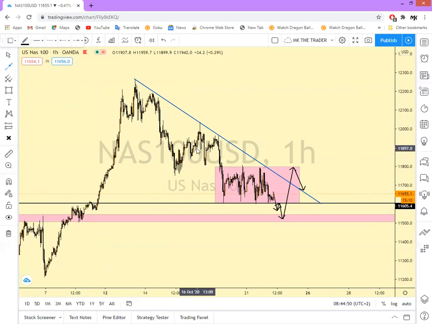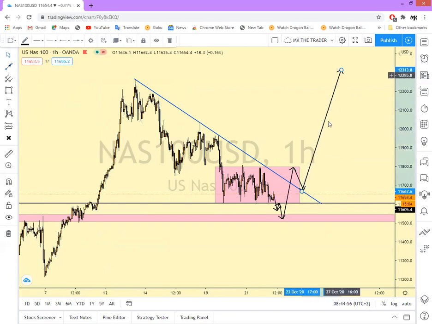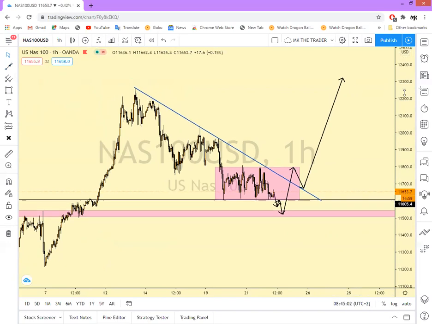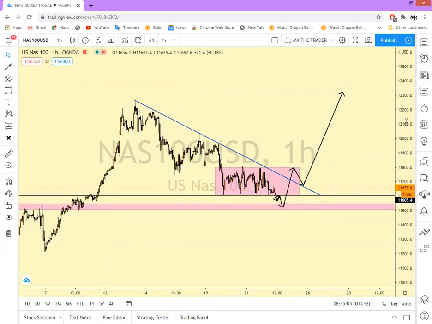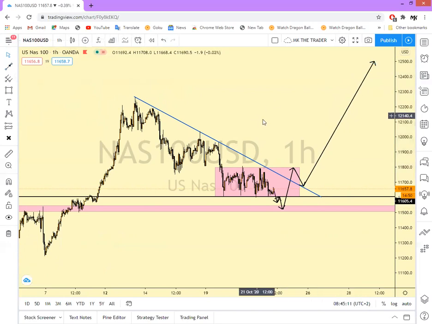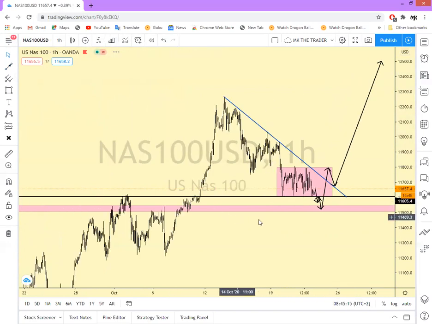And maybe we test. So when it retests, that's where you're going to maybe buy again or hold it to the upside to 13,000. The first take profit can be this one around 12,500, because that's an institutional level.